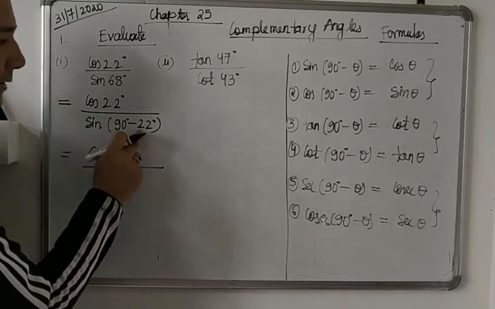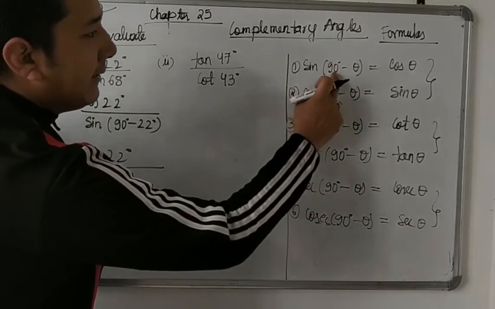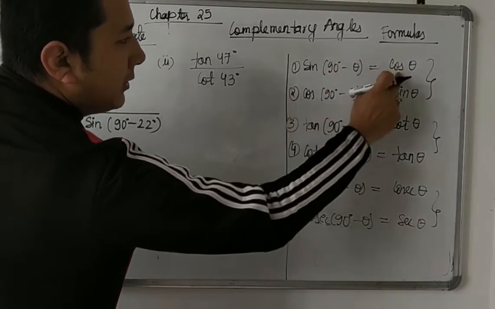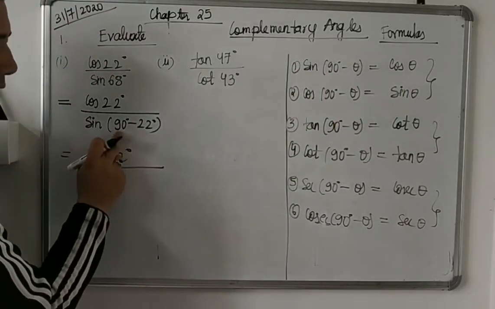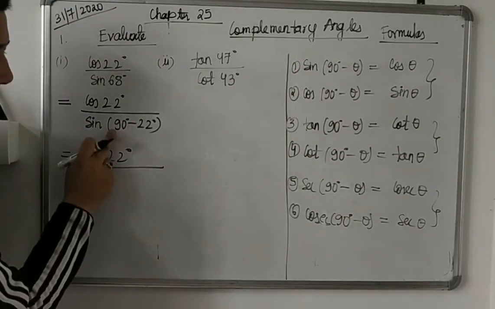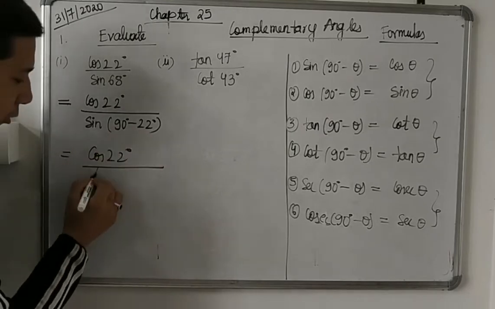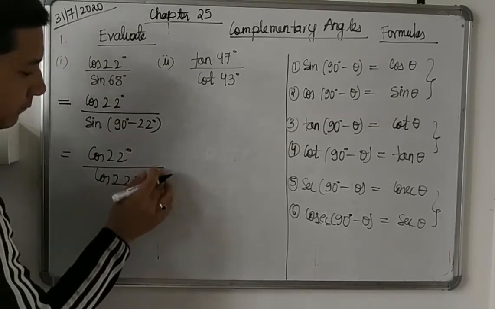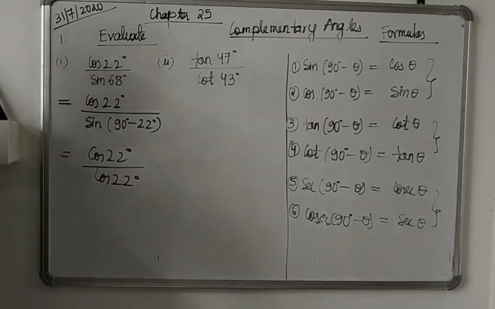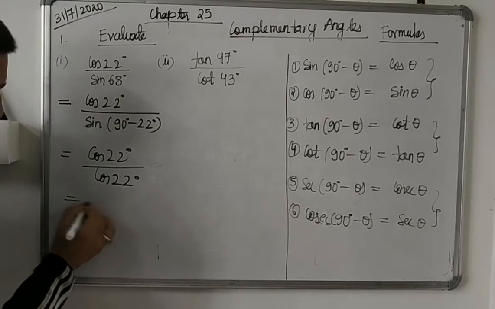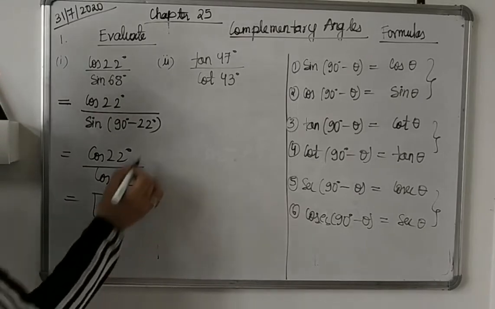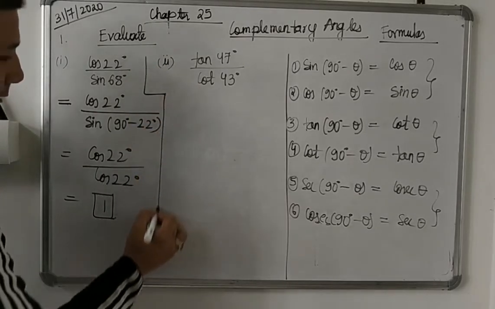Sin 90 minus theta will be cos theta. So sin 90 minus 22, will it be cos 22? Because of this formula, obviously yes. So cos 22 by cos 22, similar terms, it gets cancelled out. So what is my answer? 1. Is that clear or not?